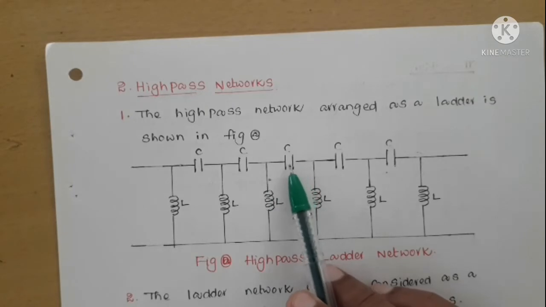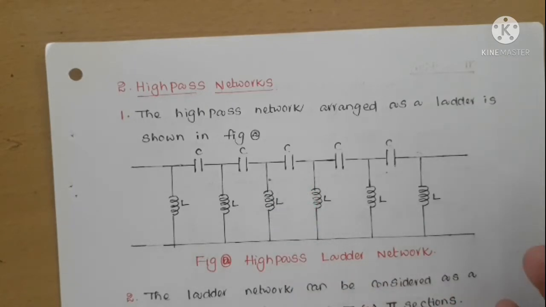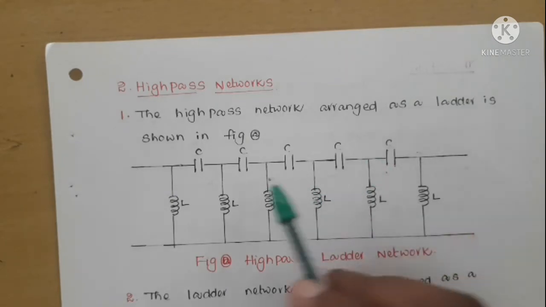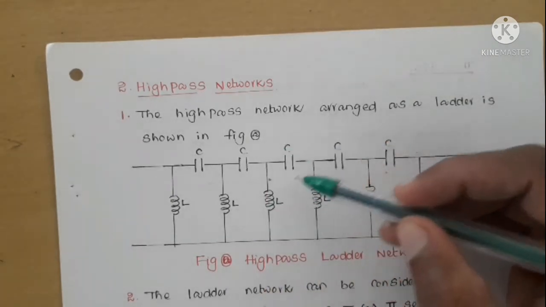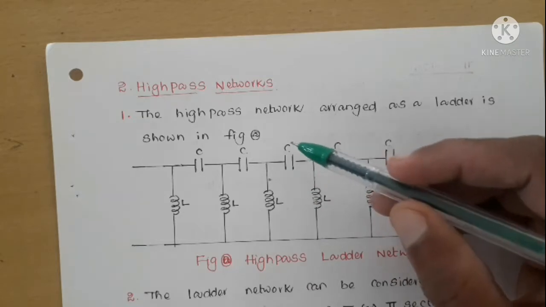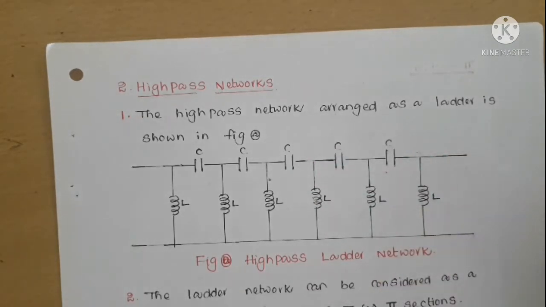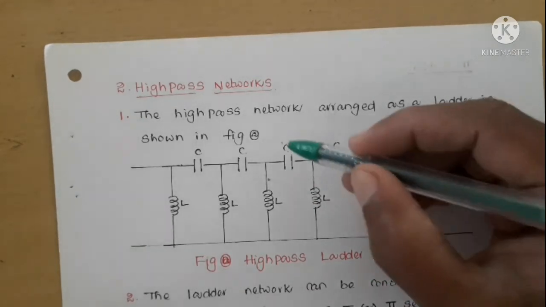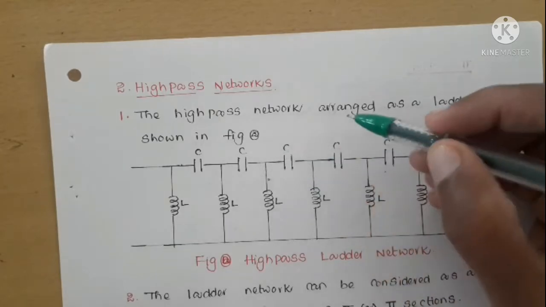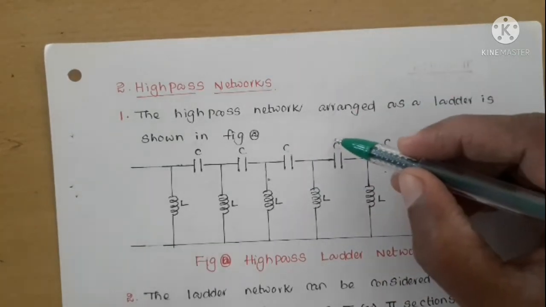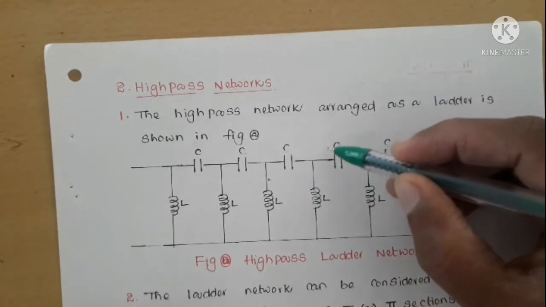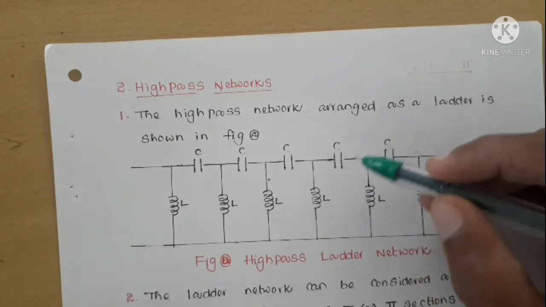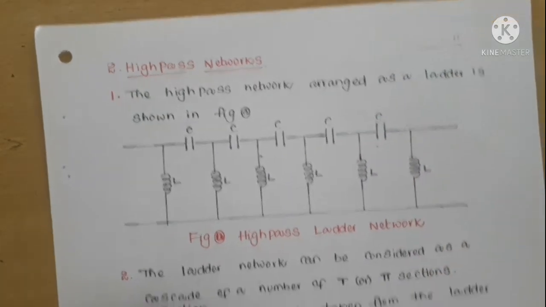How can you write a capacitor? One capacitor as two capacitors connected in series, 2C and 2C connected in series, and combined we get C. So to take out the T section, we have to split this capacitor into two capacitors connected in series. Similarly, we have to split the other capacitor into two capacitors connected in series.